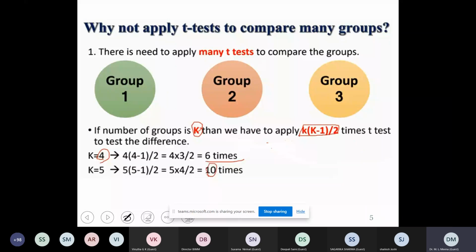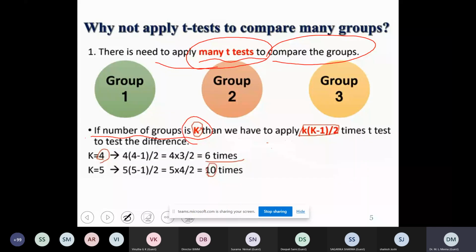So we can see in this slide, there is a need for many t-tests. If we apply t-test for many groups, we have to apply many t-tests to compare all groups, 3 groups, 4 groups, 5 groups. If the number of groups is K, then we have to apply K(K minus 1) divided by 2 t-tests to test the differences.